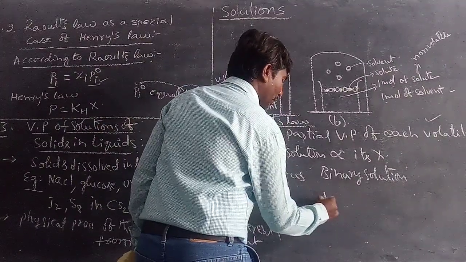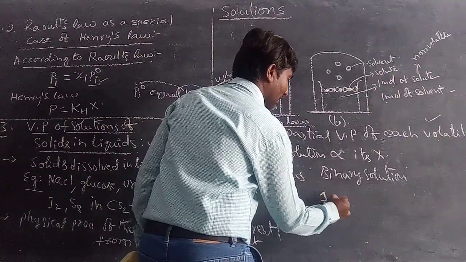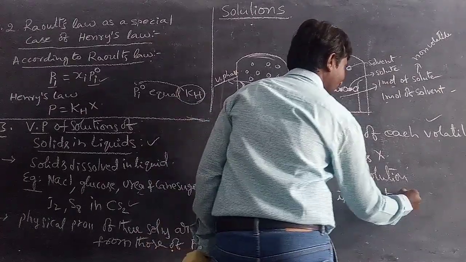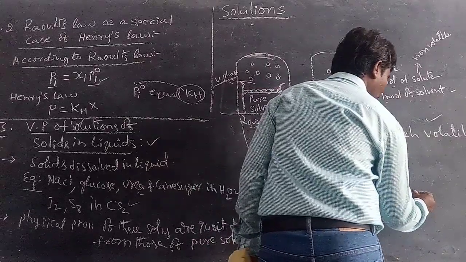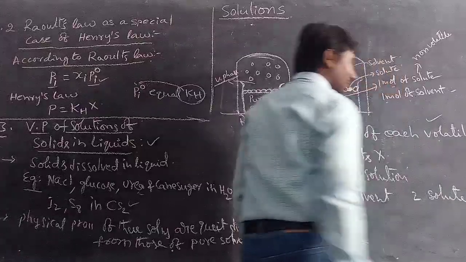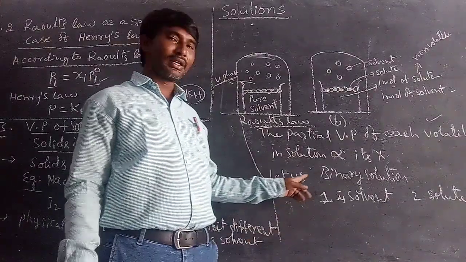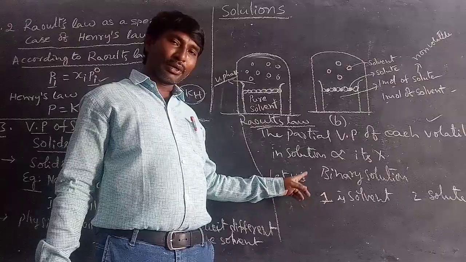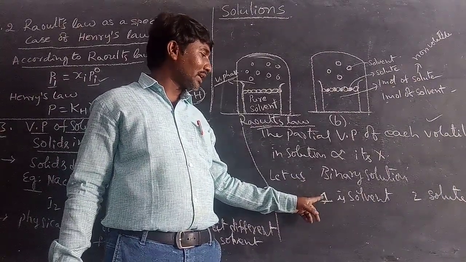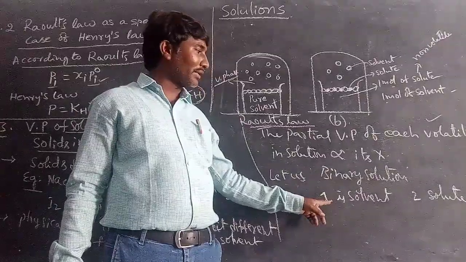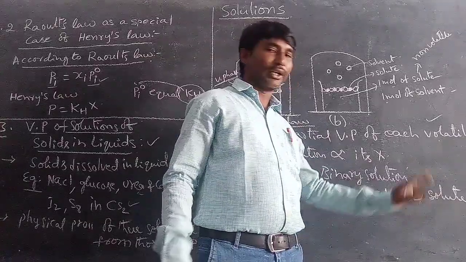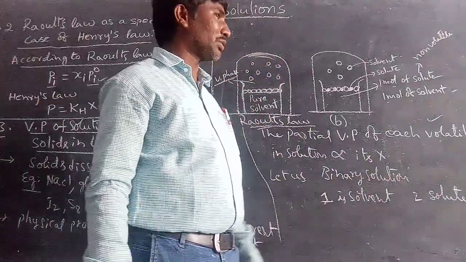Component 1 is a solvent and component 2 is a solute. In a binary solution, component 1 is a solvent, and the other one, component 2, is a solute.